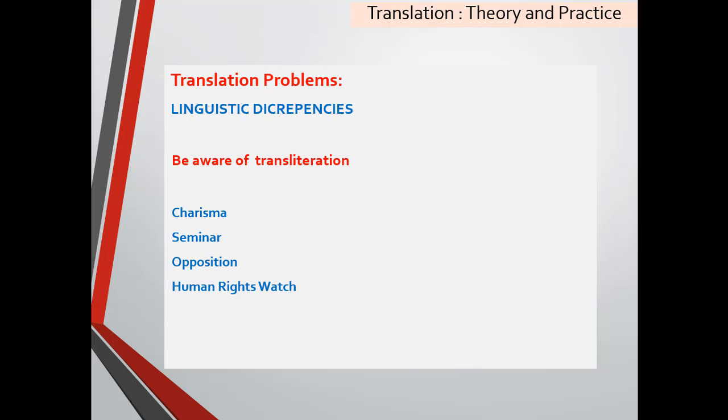We have seen several cases when a text is translated into Kurdish, for instance. The word charisma is as it is. This is called transliteration. Seminar as it is. Opposition with a French pronunciation of the word opposition. And sometimes also in the news we hear Human Rights Watch. So as it is, transliteration.